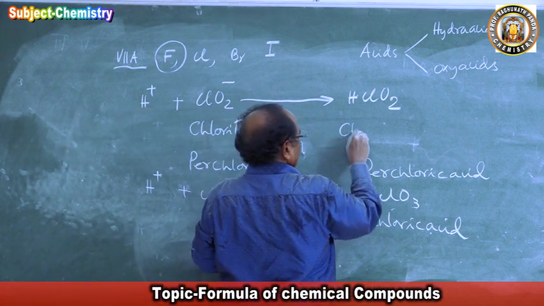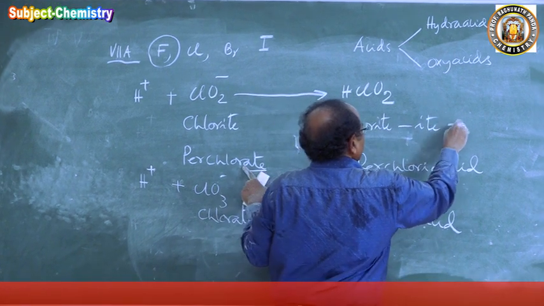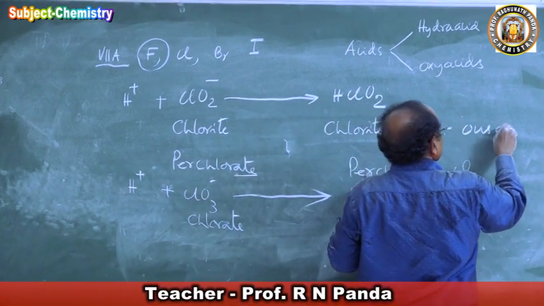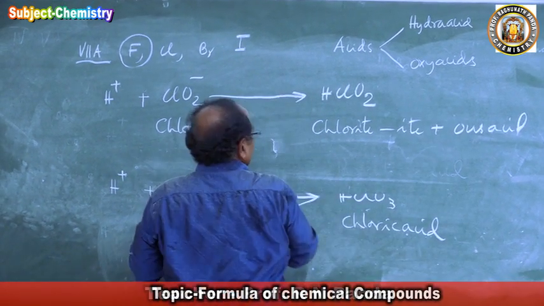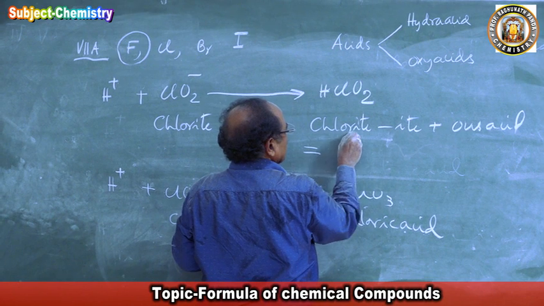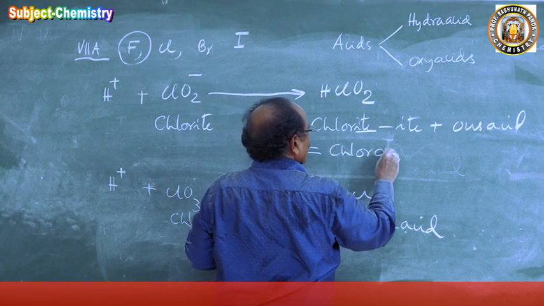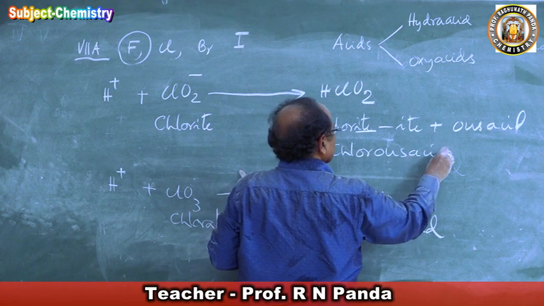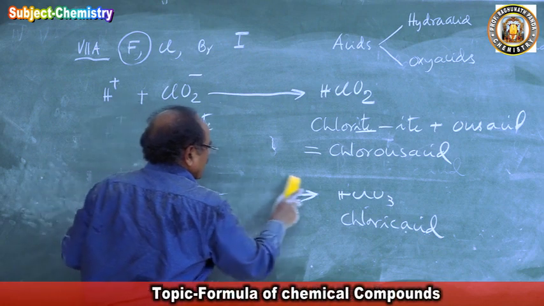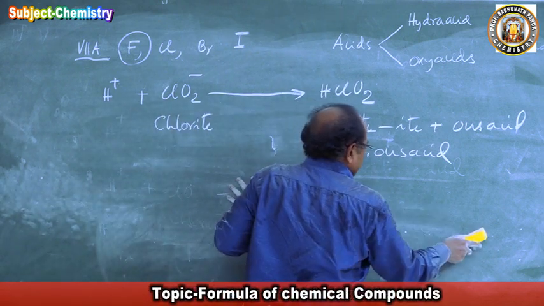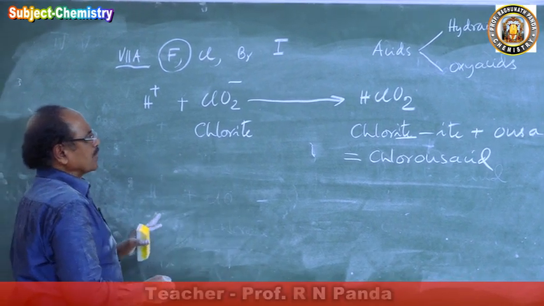Chlorite minus ITE plus OUS acid. So ITE will go, so chlorous acid. Many often people try to remember, so it becomes very difficult. They cannot write the spelling correctly also. But just remove ITE, write OUS acid.